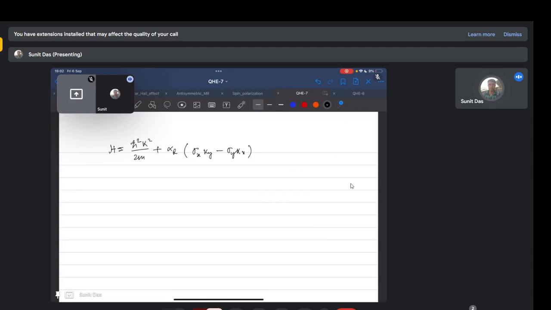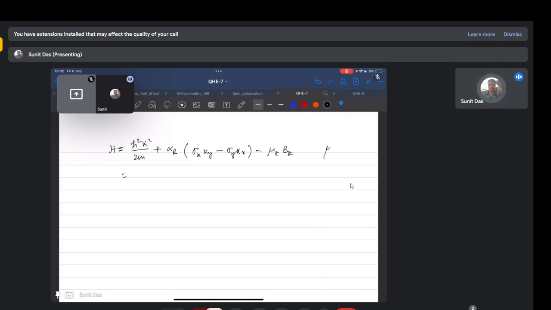So the term will actually be minus mu dot B, but since B is along the z direction, we'll only have minus mu z Bz, right?